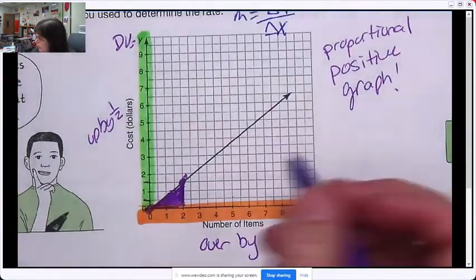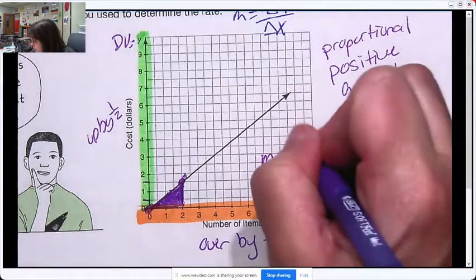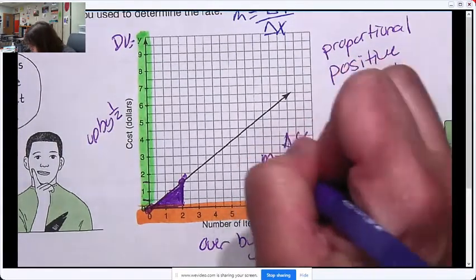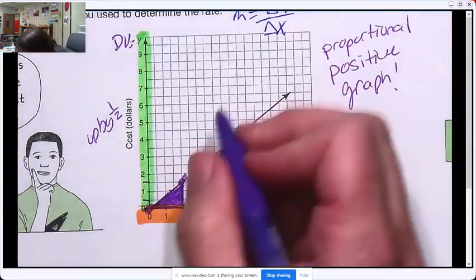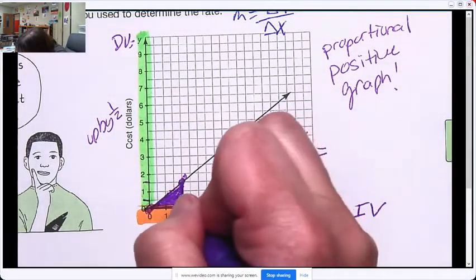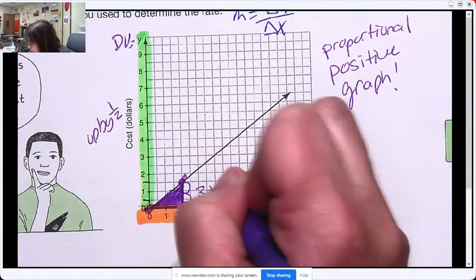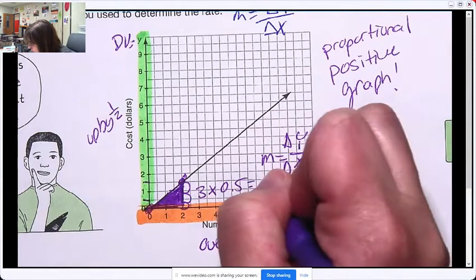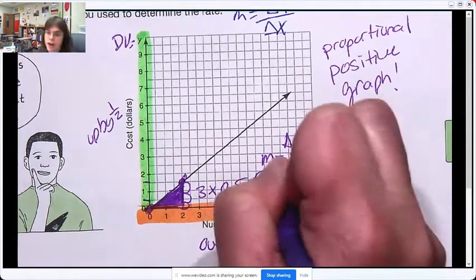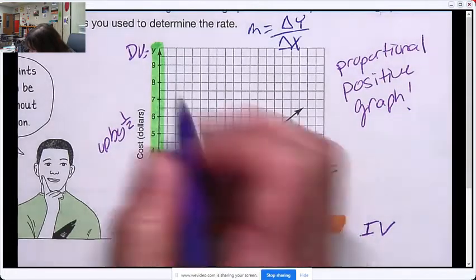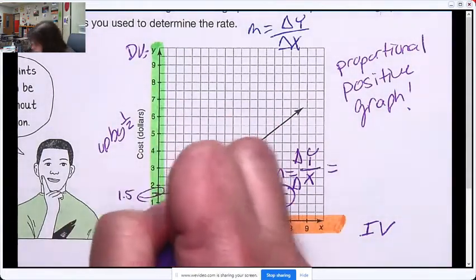All right, so I know that the rate of change or slope is y over x. I need to find the change in y over the change in x. So if I come on over, I know that this is 1, 2, 3 blocks up times 1/2, and that's 1.5. I could also get that from coming over, since it's proportional, and subtracting the 1.5 minus the 0.